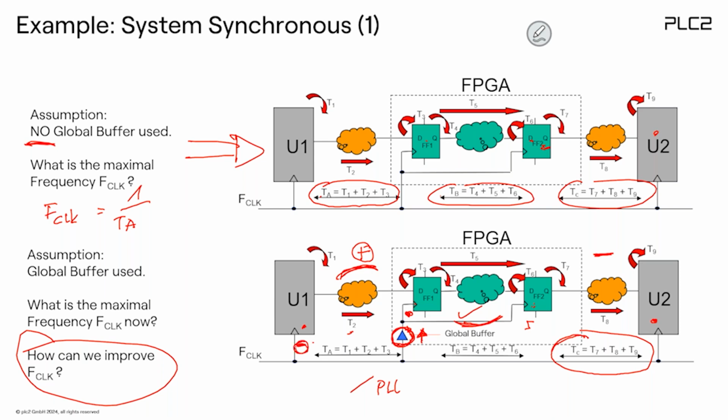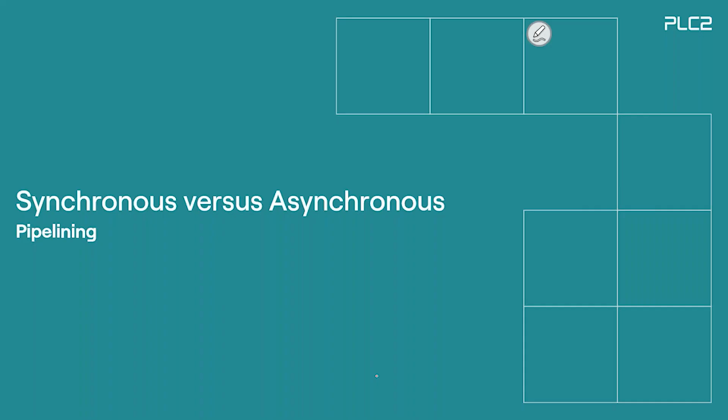This means the phase of this clock will be the same as this clock and the same as this clock. This means using a PLL will again correct the disadvantage of the global buffer. Again, that's why we very often use a PLL for synchronous applications to optimize the clock to output behavior of our FPGA. Pipeline.